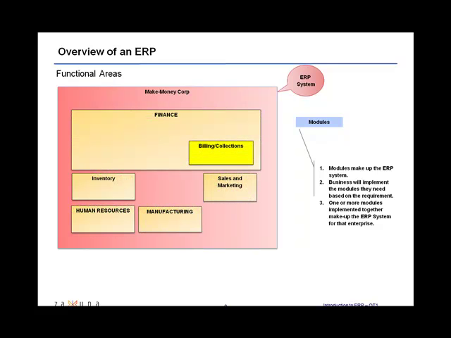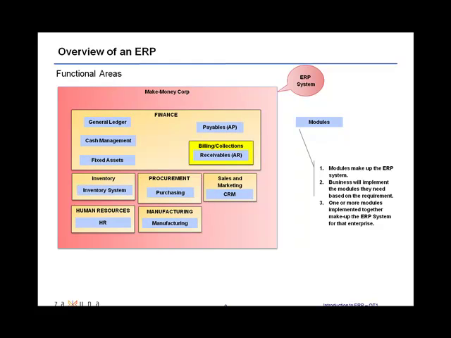If you take a look at a typical ERP, depending on which vendor it is, at a high level, most of the ERP systems out there, either from Oracle or SAP or from Microsoft, have some basic modules: the finance module, manufacturing, human resources, sales and marketing, inventory, and so on. And within finance, you have the general ledger, cash management, fixed assets, payables, receivables, etc.